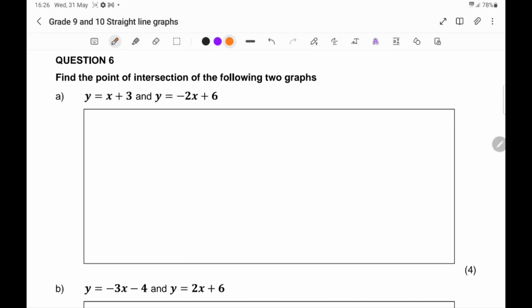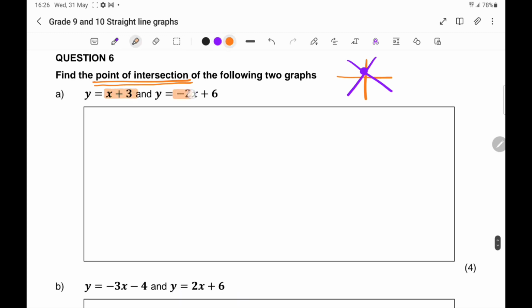All right, question 6. Find the point of intersection of the following two graphs. The point of intersection is where the two graphs, if you had to draw them like this, will cut each other. Sometimes you can't see it on the Cartesian plane, so you have to work it out. What do we do? We're going to equate the two parts that are equal to y. So x plus 3 is equal to negative 2x plus 6.